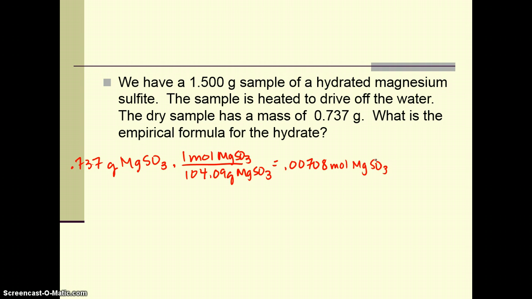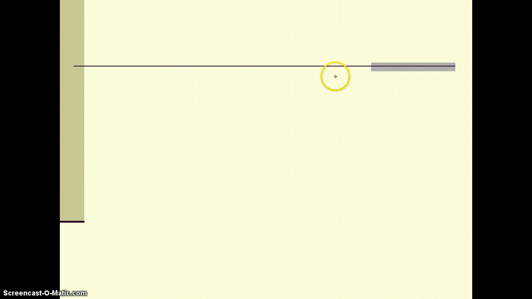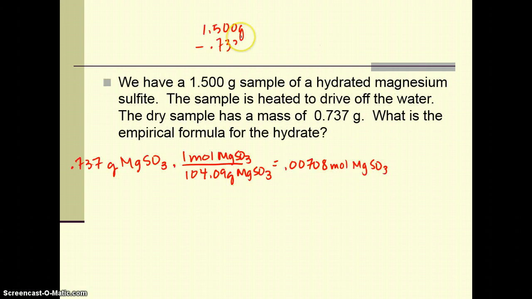And then again, I need to find the mass of water, but I don't have that because that's what was driven off. So I'm going to just again use this space up here, but 1.500 grams of my hydrated compound minus my dry compound, 0.737 grams, is going to give me 0.763 grams of H2O.